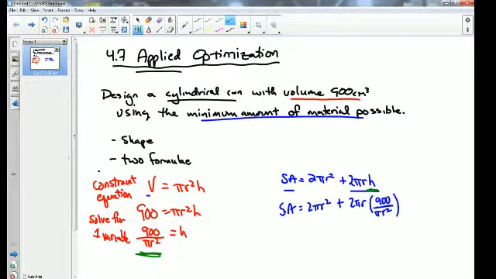Are you good with that substitution? And now simplify it. So surface area is 2 pi r squared plus 1800 over r. Yeah. Good? Okay.